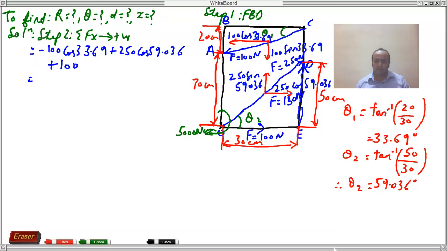So here it is, the value comes out to be positive. Summation Fx is 145.419 Newton towards right.